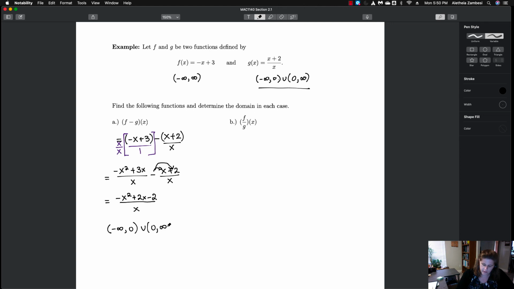And 0 to infinity. Now looking at the division of the two functions, f of x is on the top, so negative x plus 3. On the bottom we have that fraction, x plus 2 divided by x. Now I have a whole number divided by a fraction, so we need to simplify this because it's a complex fraction right now. So really this is, remember the rule that if you are dividing fractions, you hold the top one steady, flip the bottom one over and multiply.